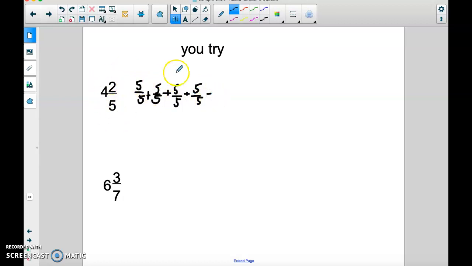And then I've got an extra 2/5, right? So now I have to add on that 2/5 as well. 5, 10, 15, 20, 22 fifths.